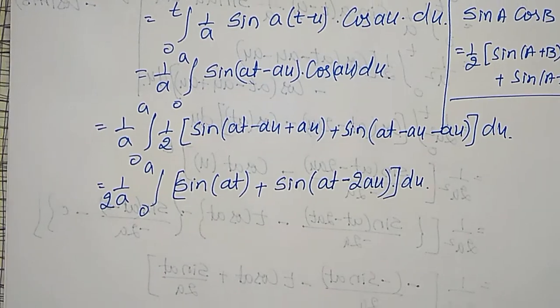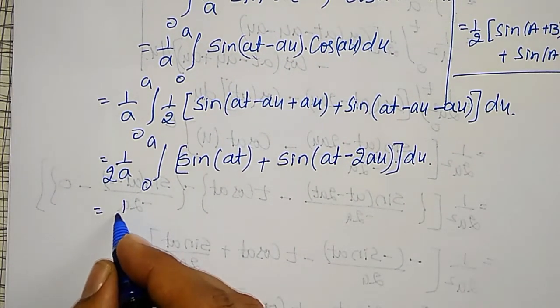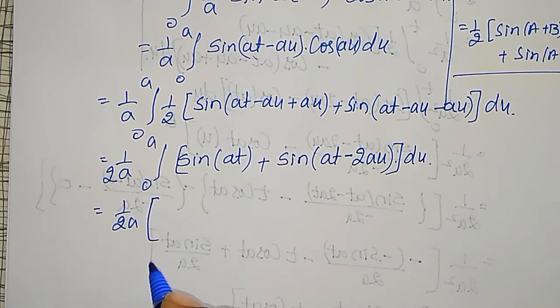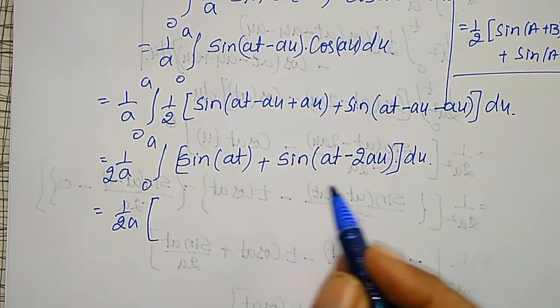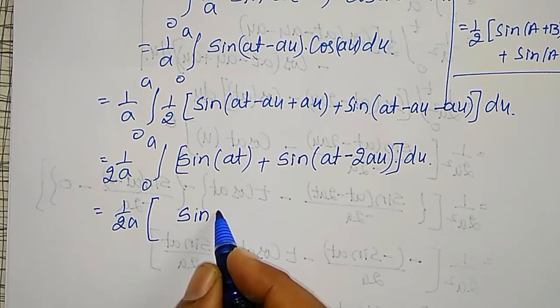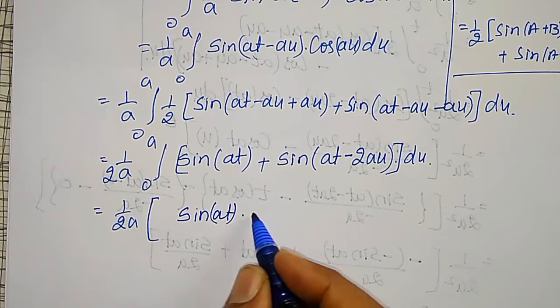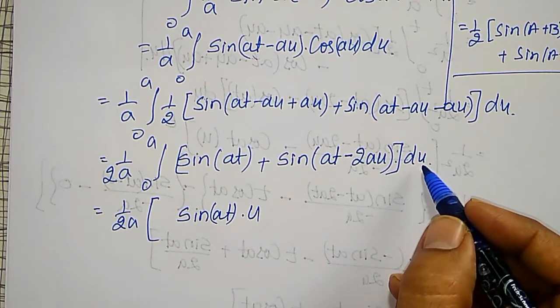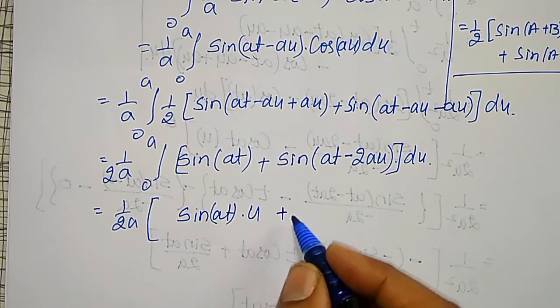Now integrate them one by one. That is 1 by 2a, integration of sin at with respect to u, not with respect to t. Therefore its integration will become sin at into u, because sin at is acting as a constant now, since you are integrating with respect to u, plus its integration.